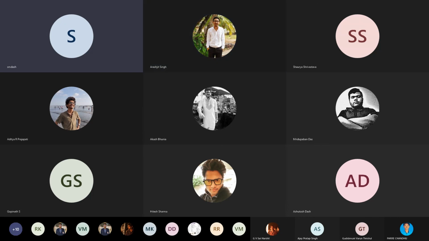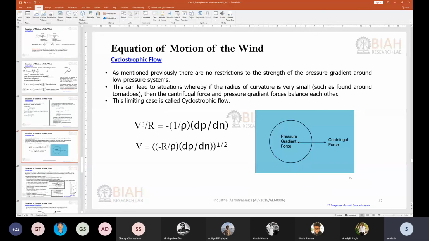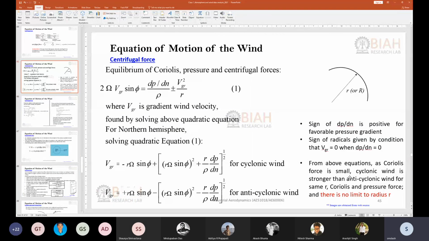In this equation there is no parameter restricting it from growing. You can have any amount of pressure gradient, and this pressure gradient can be generated by different parameters. We are not discussing what causes it, but thermal effects can be there.